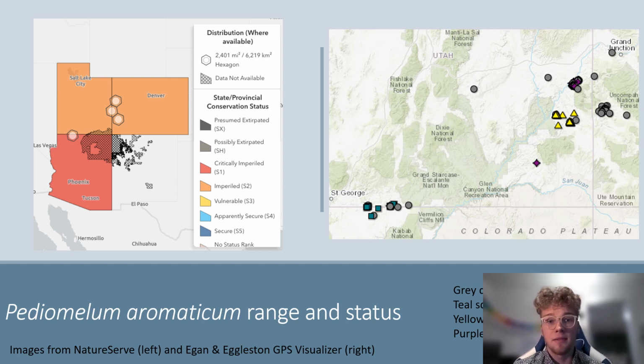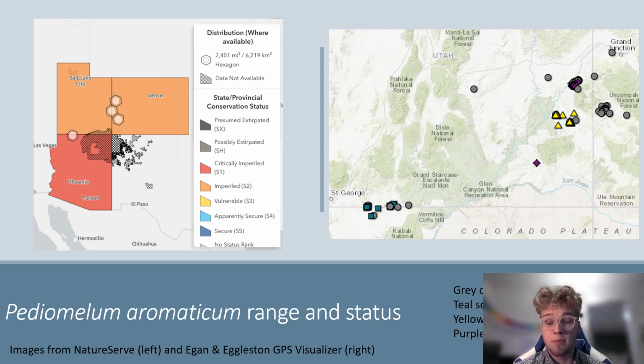On the right side of this slide, we have a map that shows georeferenced locations from museum records of Aromaticum and a bunch of points that Dr. Egan actually went out and found. As we can see, we see this similar range.